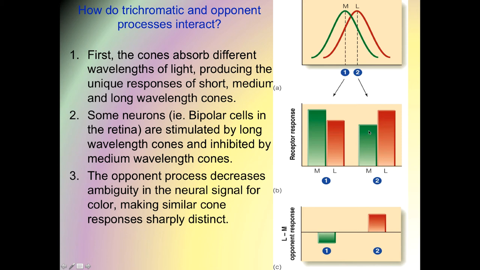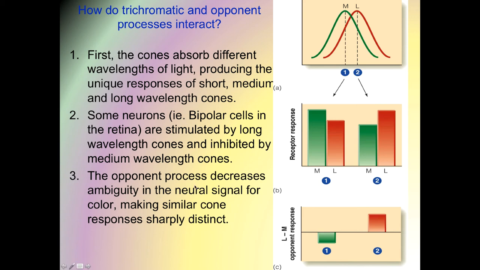There's more excitation than inhibition because the long cone is more active than the medium cone. And so we see that net excitation here. This neuron becomes more active to color number 2, whereas it became inhibited to color number 1. And when this neuron becomes more active, becomes excited, the rest of the brain interprets that color as red.